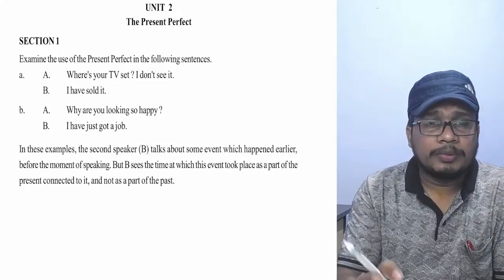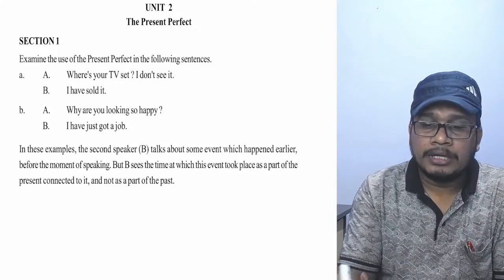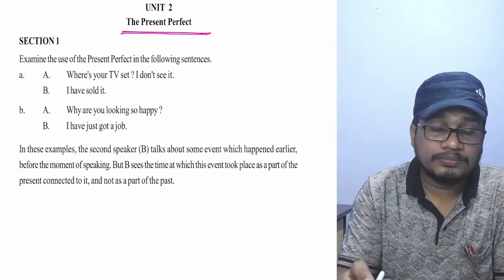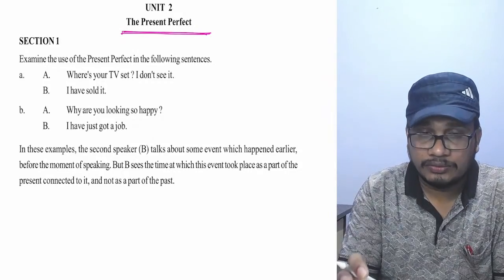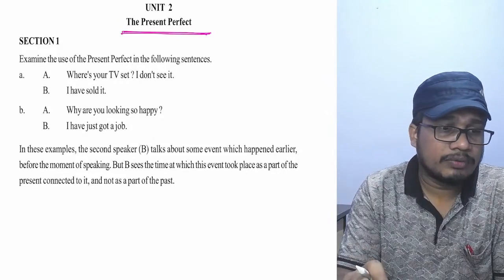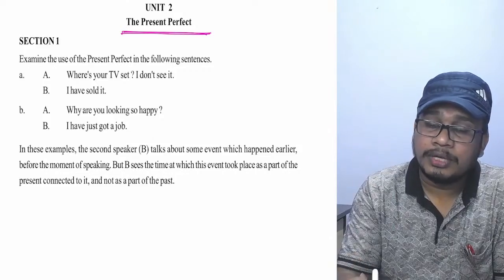Next, your present progressive is over. Coming to the last form, the third form of present tense, the present perfect.